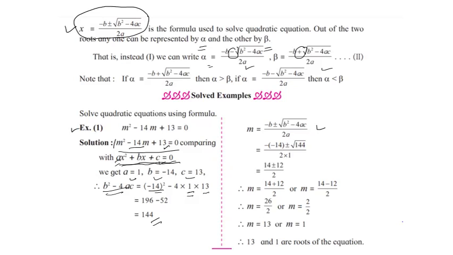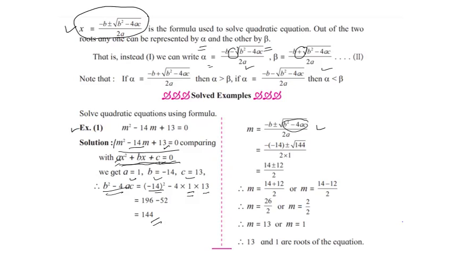Now see the formula: m equal to this formula. Now substitute again the values of a, b, c. The value of b is minus 14, and this minus sign is in the formula, therefore minus of minus 14, plus minus the value of this term, which we calculated as 144, upon 2a, that means upon 2 into 1.